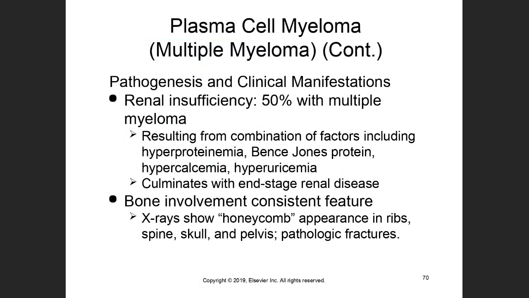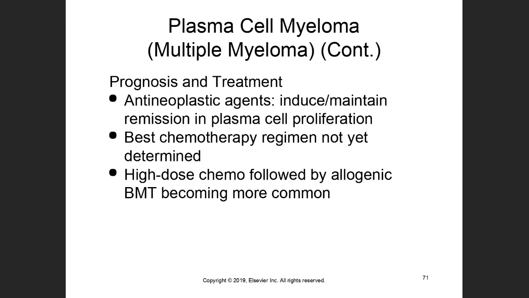What is extremely important right here is that bone involvement consists of fissures. X-ray shows a honeycomb appearance in ribs, spine, skull, and pelvis. That's pathologic fracture, because remember that if you remove the calcium, the bones get weak, and then you are at risk of fracture.